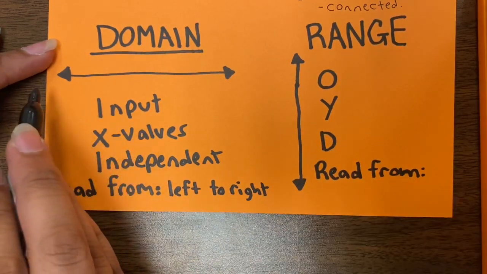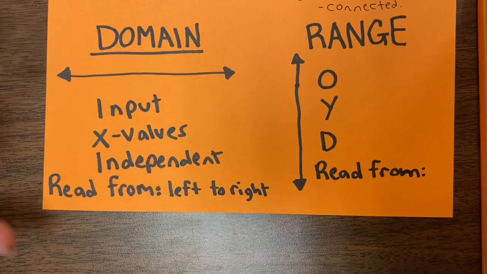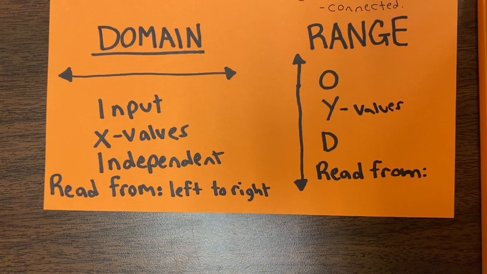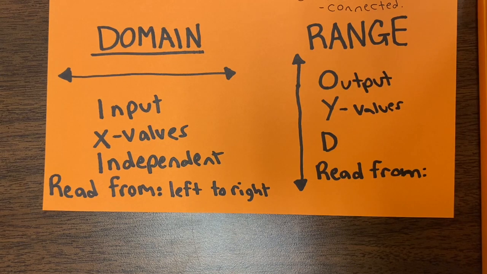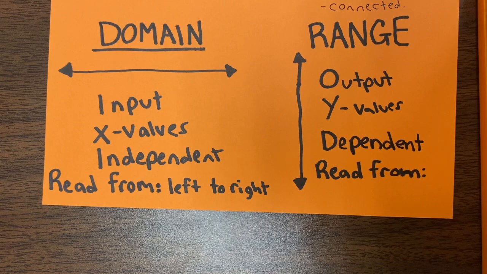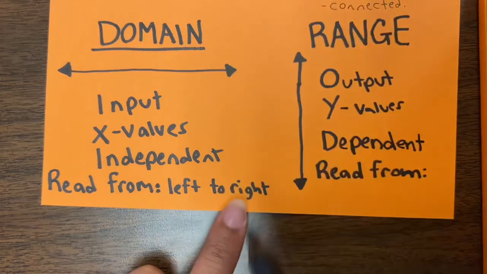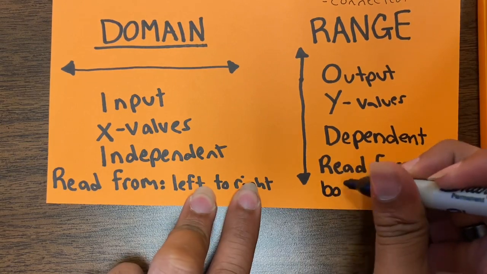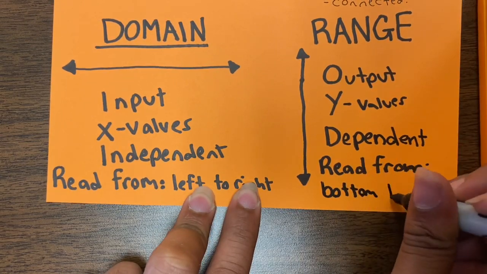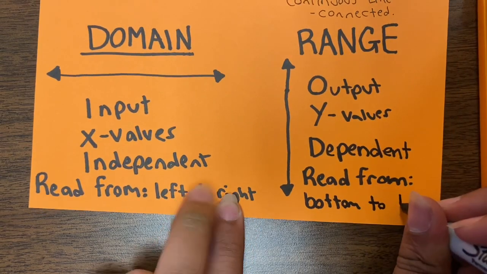So you read it like a book, from left to right. Range are your y values. This is also your output and your dependent variable. And you read this from bottom, the smallest number, to the top. So from bottom to top.